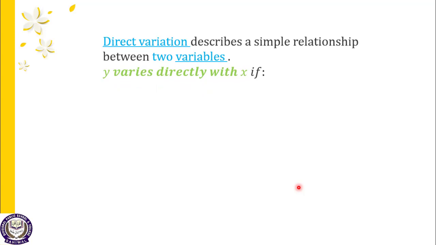Direct variation describes a simple relationship between two variables. y varies directly with x if y is directly proportional to x. We can remove the sign of proportionality and replace it by a constant term called k. This expression will convert into y is equal to kx. This k is a proportionality constant, so it should not be equal to 0.